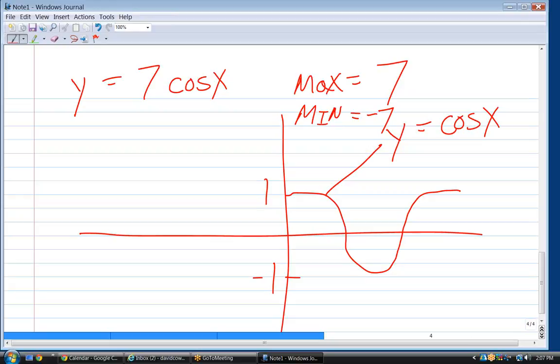It can never be less than minus 1. So the maximum that function can ever be is when cosine x is equal to its maximum, which is 1. And the minimum the function can ever be is when cosine x equals its minimum, which is minus 1.